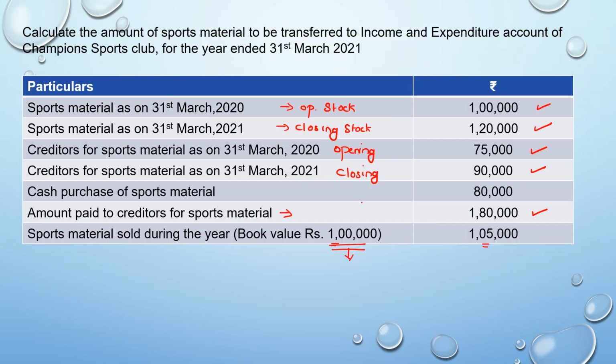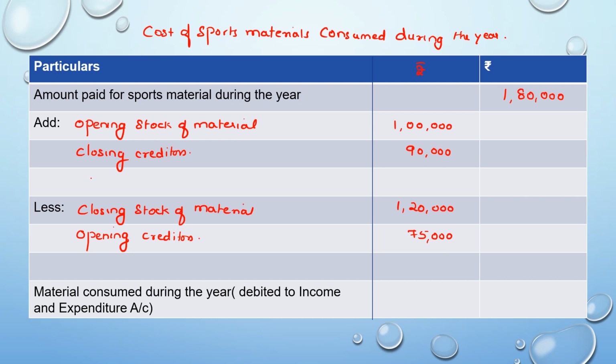Finally, we have the cash purchase of sports material, which we'll take in the extra amount later. That would be extra purchase. So it has to be included in the cost. So I would put it here. The cash purchases of the material, because it has to be included in the material which has been consumed.